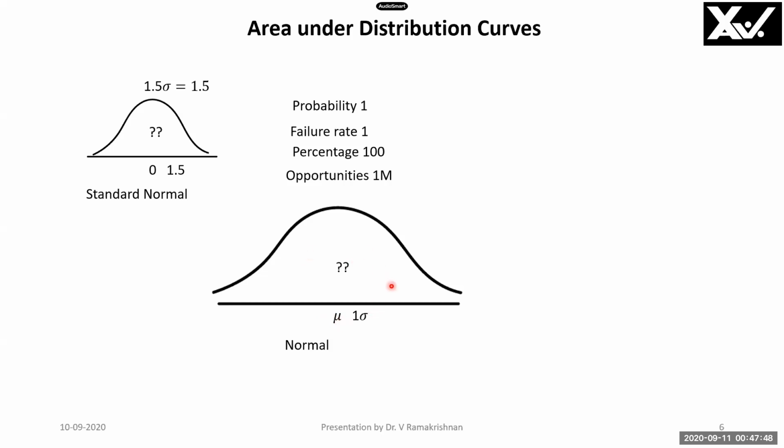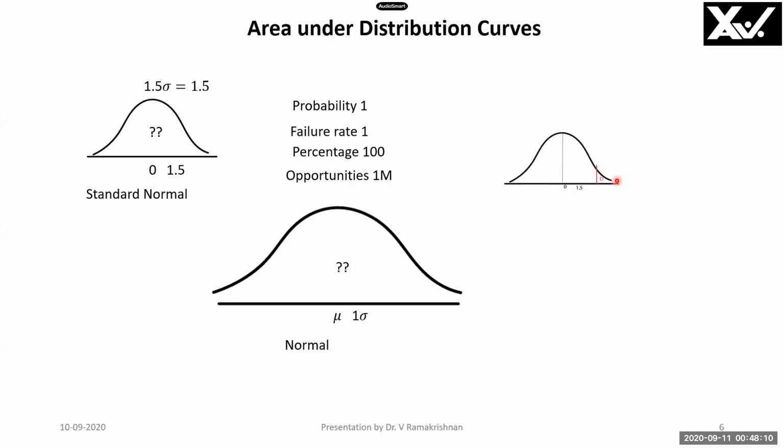Now the area under the curve, as I told you, can be any of these 4 depending upon your problem. Now you can see that I have drawn a line here, and to the right are the defects, to the left are the good products. So you will always have to assume that. The table or the formula will give you the area to the left.